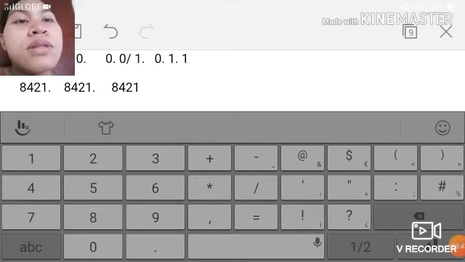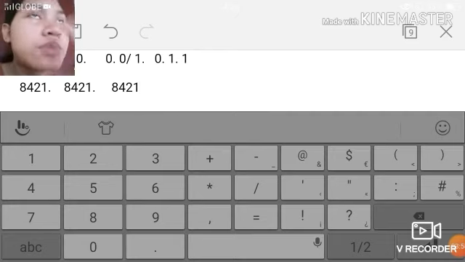Since the assigned digit here is 1, we're going to use 8, and we substitute the value. So we use the 1, the 2, and the 8.